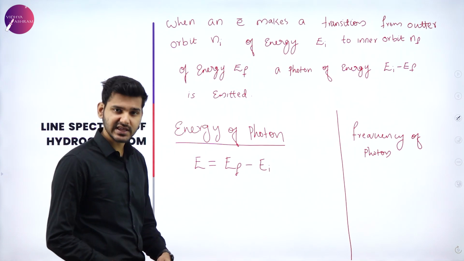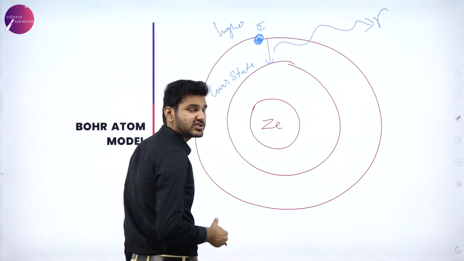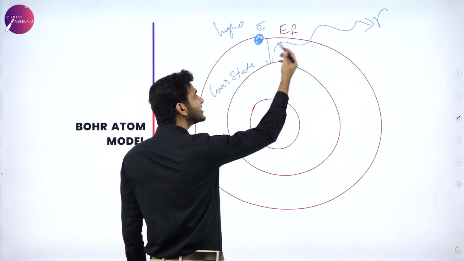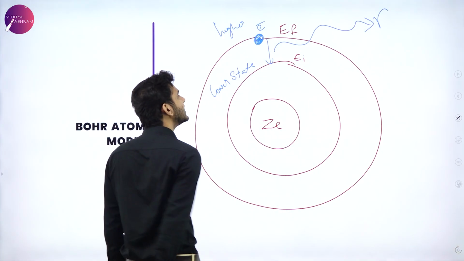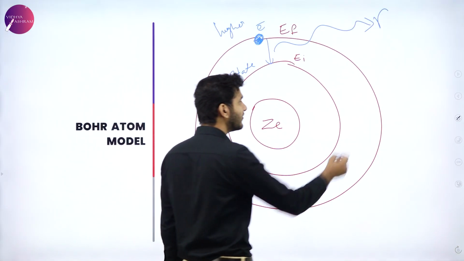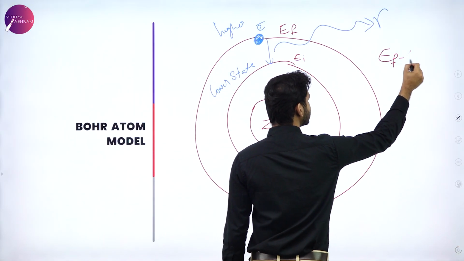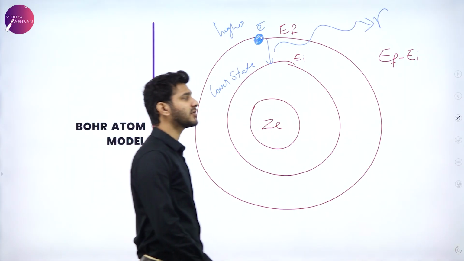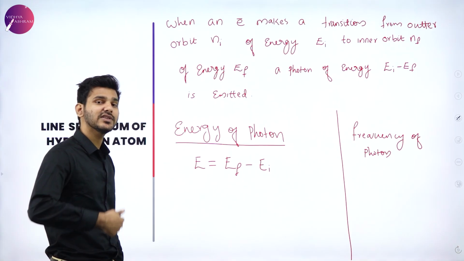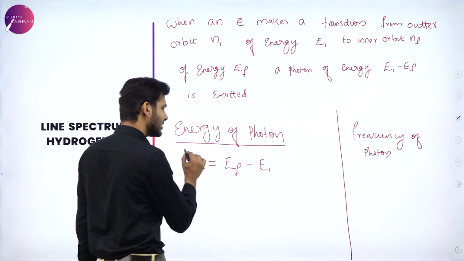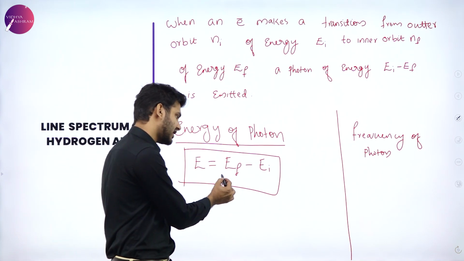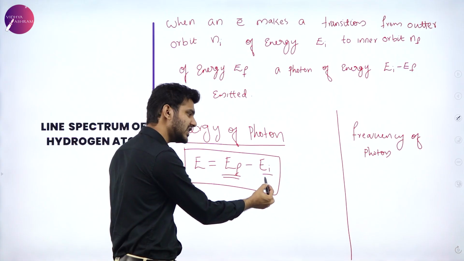For example, if this energy shell contains EF amount of energy and it is jumping to a layer containing EI amount of energy, then the emitted photon will have an energy equal to the difference between these two layers, that is EF minus EI. That is what Niels Bohr explained. So the energy of the emitted photon will be equal to EF minus EI, which means energy of the final state minus energy of the initial state.